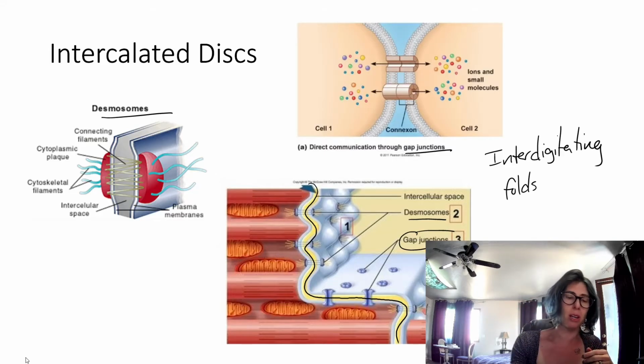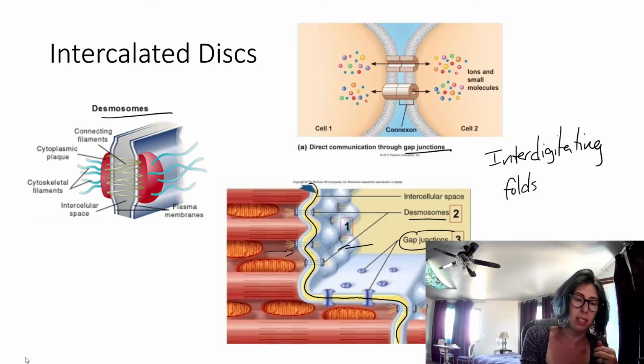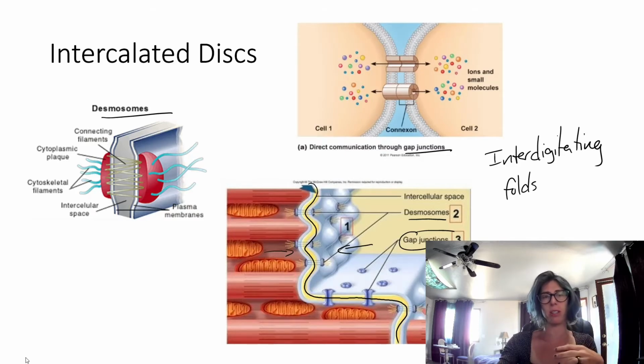So if you can imagine this cardiac cell is bumped up against another cardiac cell in this empty space here, and all these folds fit together. So it's kind of like this. And that's just to increase the surface area of the connection between cells. That increases the number of desmosomes, but most importantly, perhaps, it increases the number of gap junctions, allowing for even more sharing between those cells.